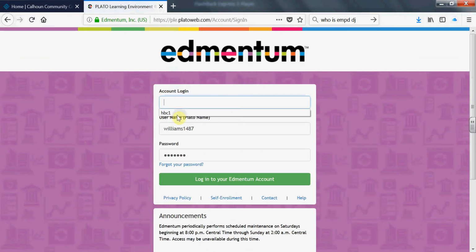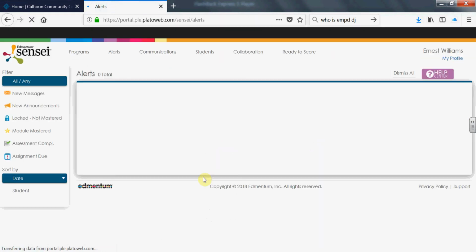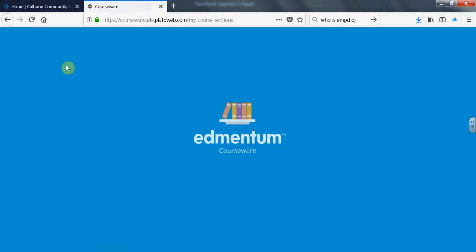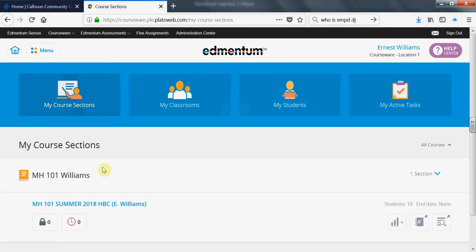The account login for everyone is HBC1, and then you're given your username for Plato and your password. When you get into Plato, you're going to go to where it says courseware, location 1. And then after that, our course should pop up.